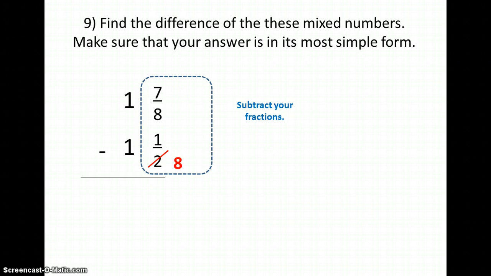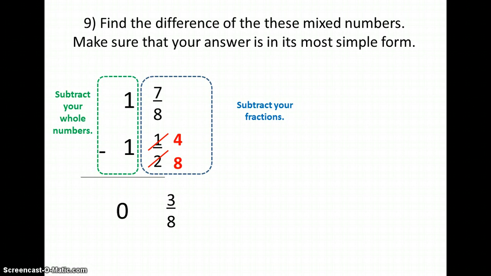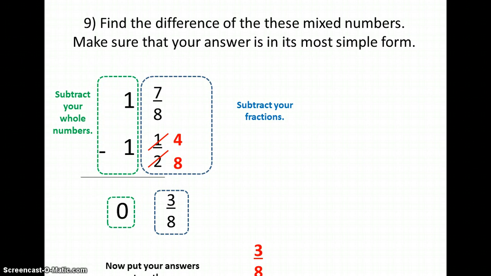Since 2 and 8 can both go into 8, I'm going to use 8 as my common denominator. 2 times 4 is 8, so I have to multiply 1 times 4 and get 4. Now I subtract 7/8 minus 4/8. That gives me 3/8. Just like when I'm adding mixed numbers, I now need to go and subtract my whole numbers. 1 minus 1 equals 0. Finally, I put my two answers together, and I get 3/8.